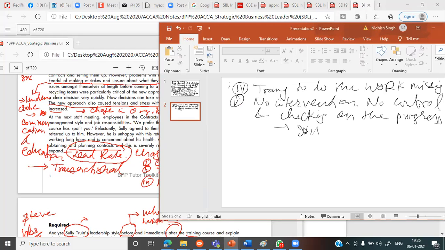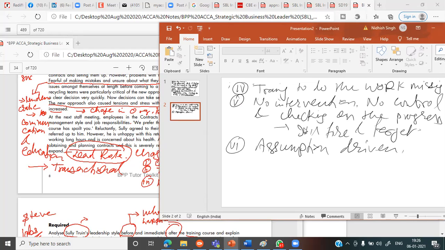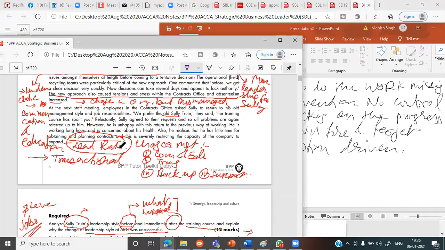It is like fire and forget approach. Still, his behavior is assumption driven, right? He was assumption driven at the start and still in the same mode. He's using the coercion though at the end, but is escaping all other previous steps for the change management.